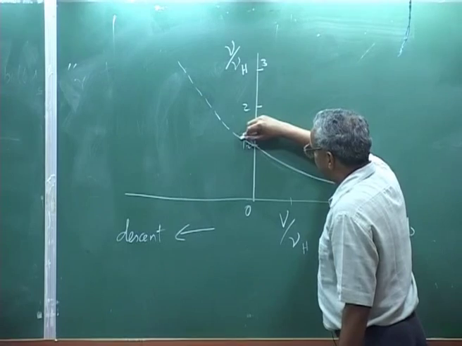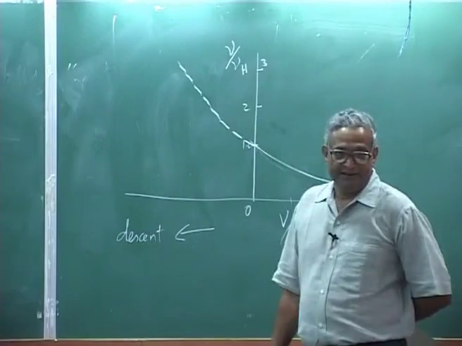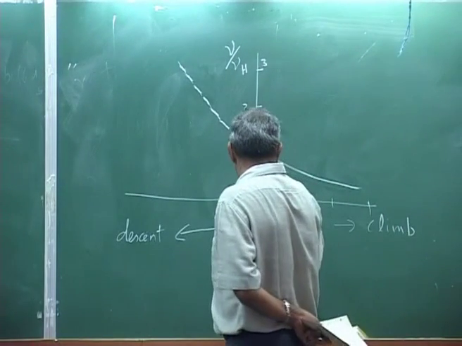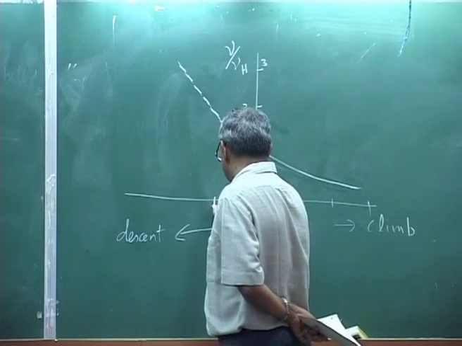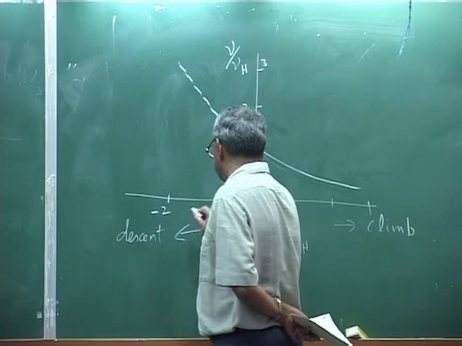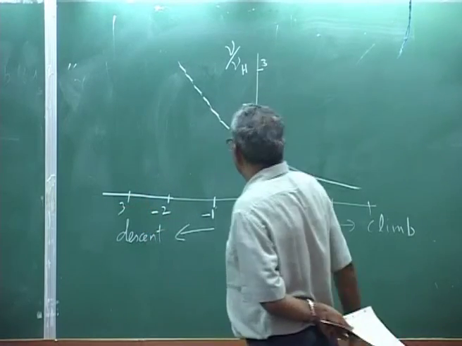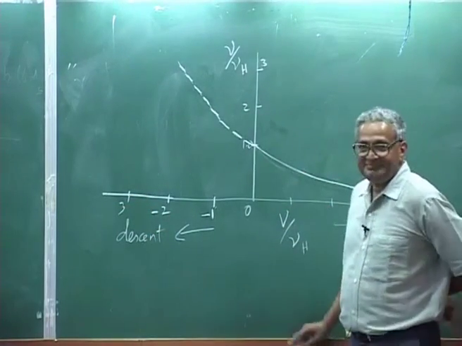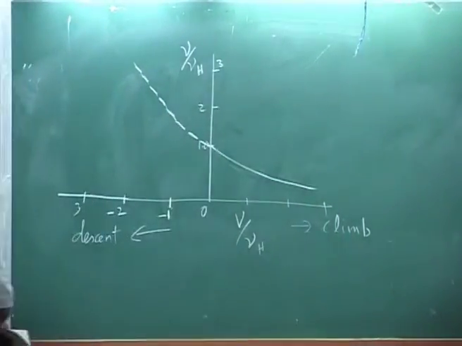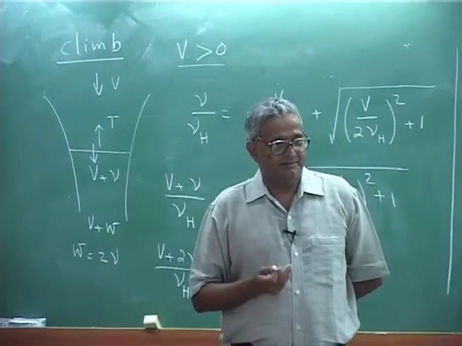Nu is always positive, please understand. When V is, maybe I will mark here 1, and here mark 2, this is minus, and maybe 3. But technically this will reach V by nu h.